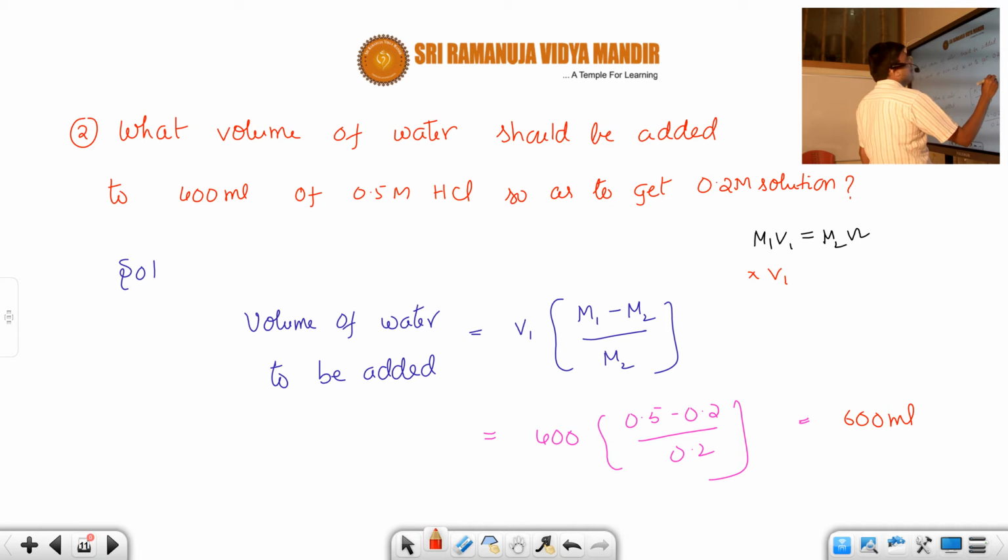M1 is how much, student? What volume of water should be added to 400 ml of 0.5 molar solution to get a 0.2 molar solution? Now this is 400 into 0.5, 0.5 into 400, right?